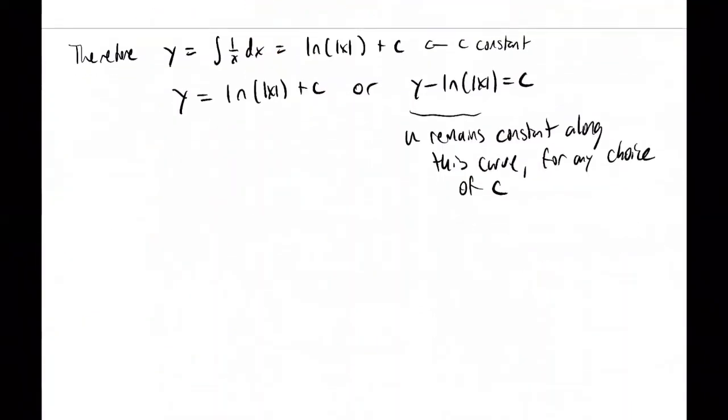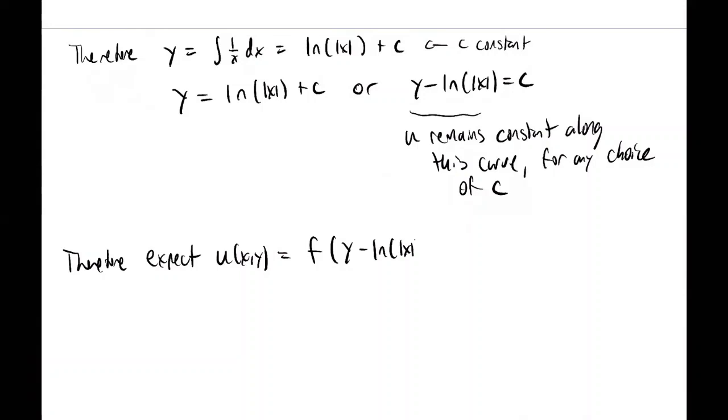And so therefore, just as before, we expect u(x, y) to be some function of the quantity on the left-hand side, so it only depends on y minus ln of x, for some one-variable function f.